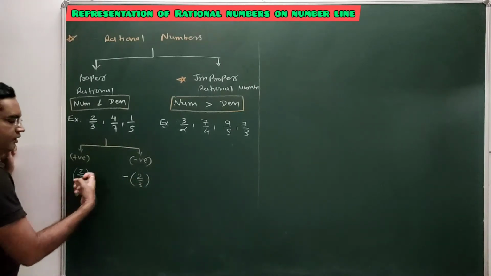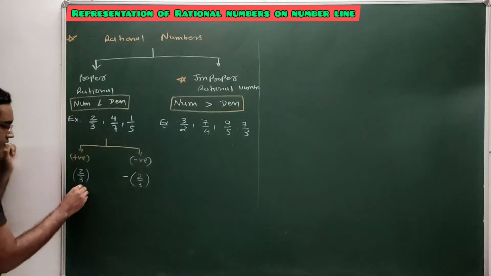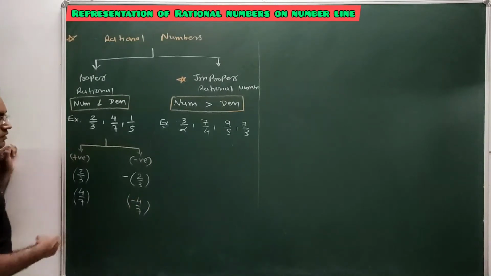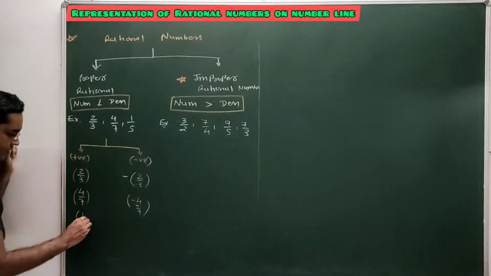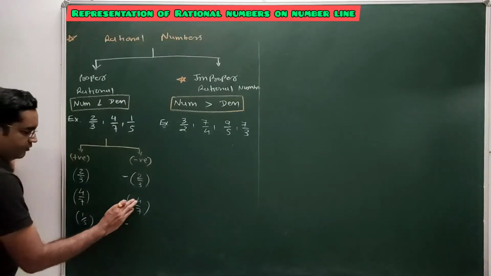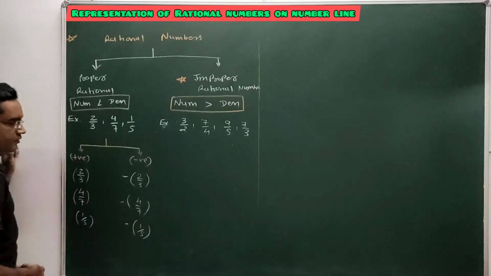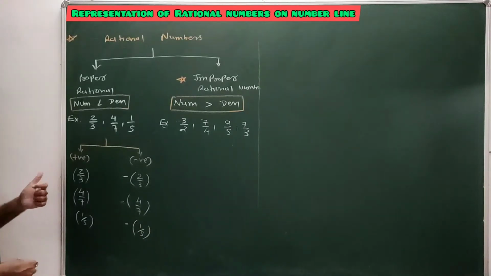Same way 4 by 7, it may be given minus 4 by 7. 1 by 5, we also have negative minus 1 by 5. So these proper rational numbers may be positive, may be negative.